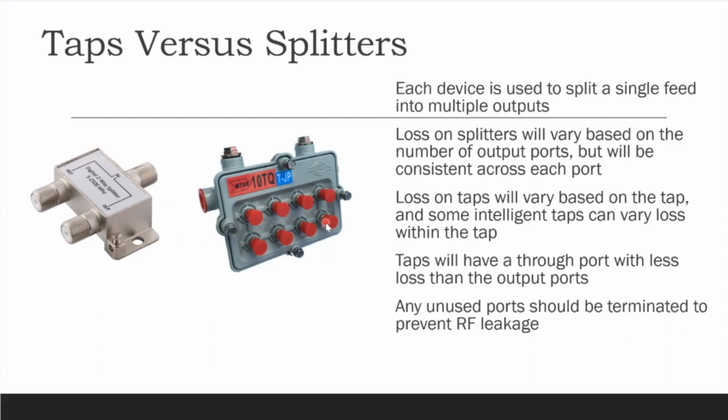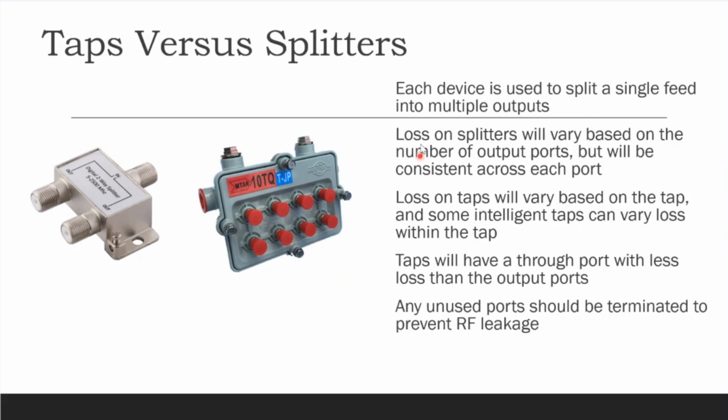Taps work slightly differently, where there's going to be an incoming port, and then a straight through port to take you to the next tap in the system, because this is designed to feed off of a trunk. That straight through leg is going to have a defined loss, where it's a dB or two that you're going to drop as you go through the connect and deconnect there in that tap.